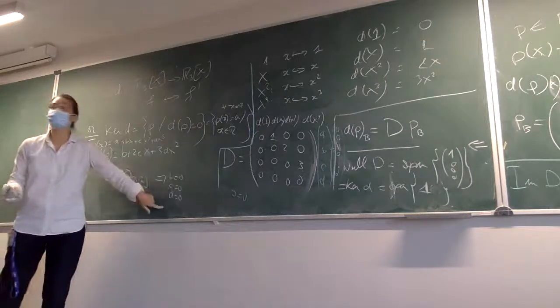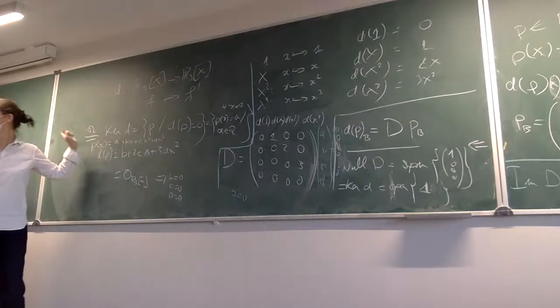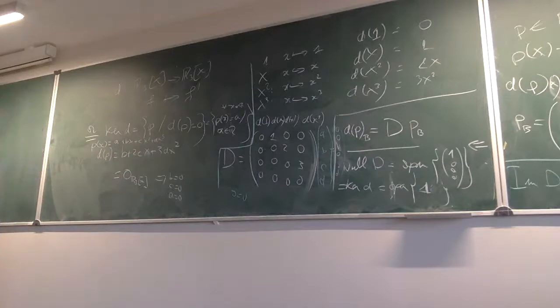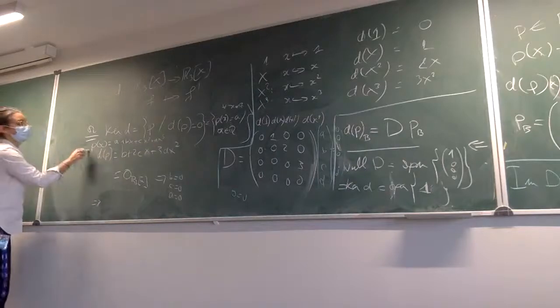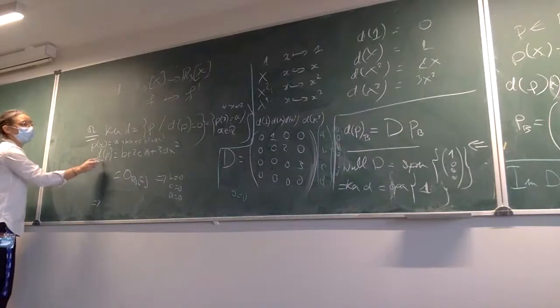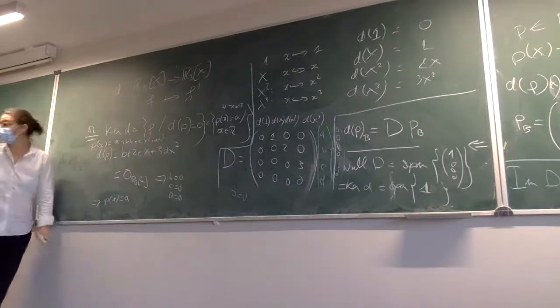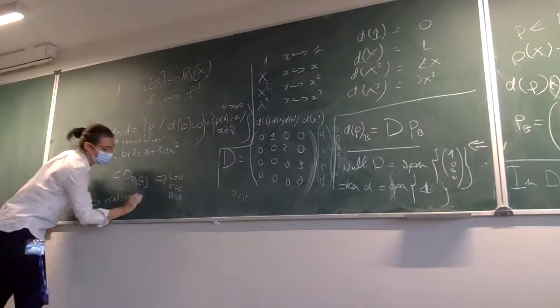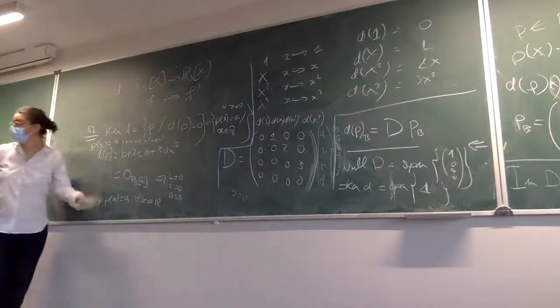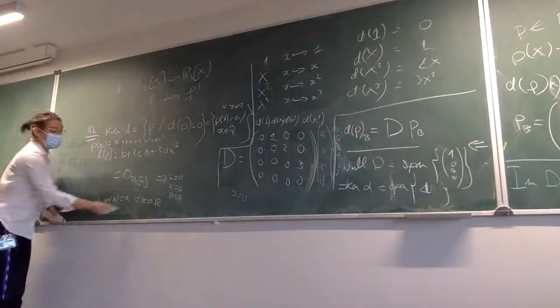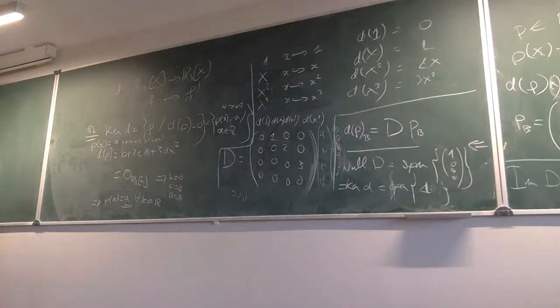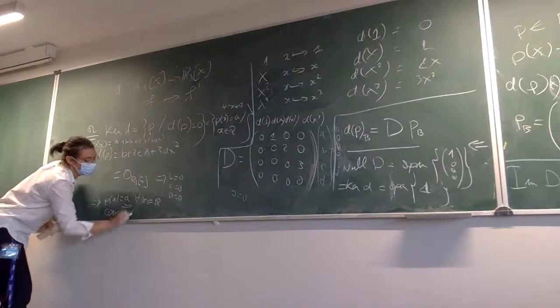I get that b, c, and d have to be equal to 0, and a can be anything. So the polynomials that are going to solve this equation are just a constant for all x in R. I don't have any constraints on my value a, so it could be any value in R. Constant polynomials.